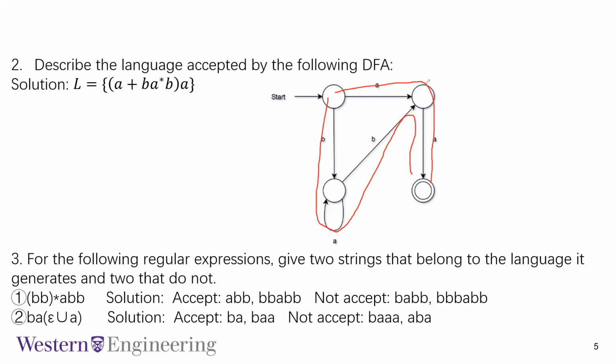The first branch represents the string AA, and the second branch has a self loop. When you see a self loop, you need to consider the star operation. The second branch represents this string. So the language is shown like this.